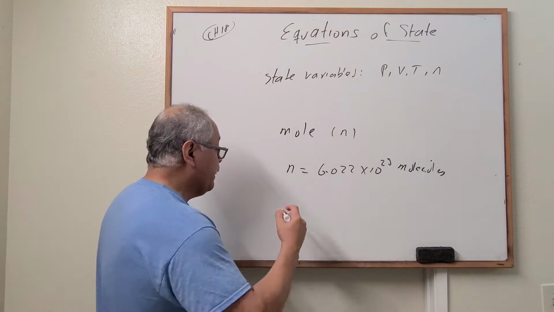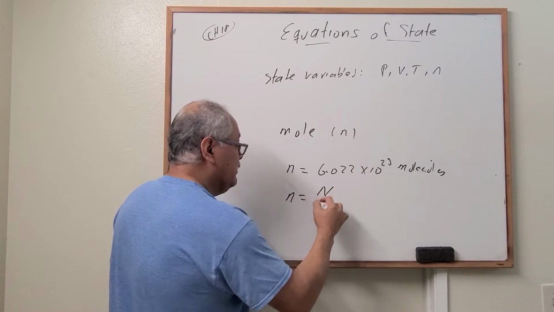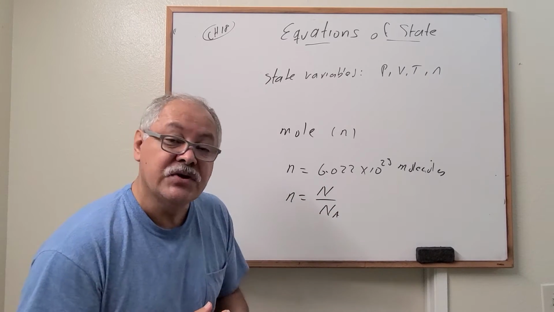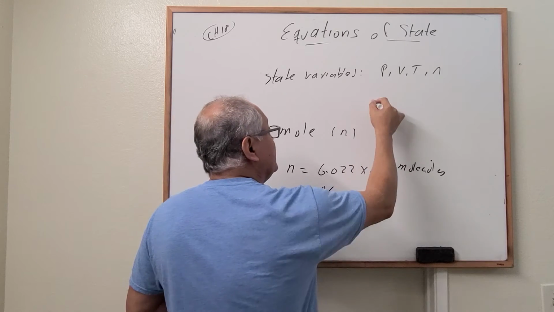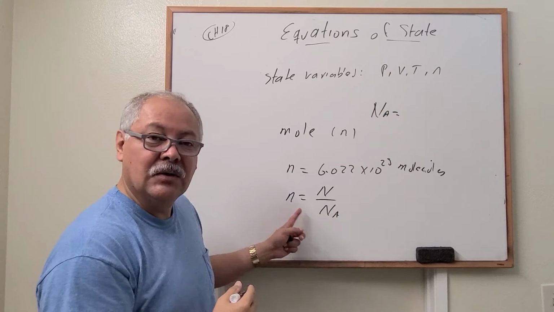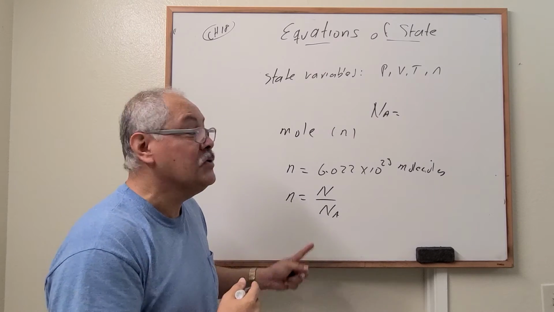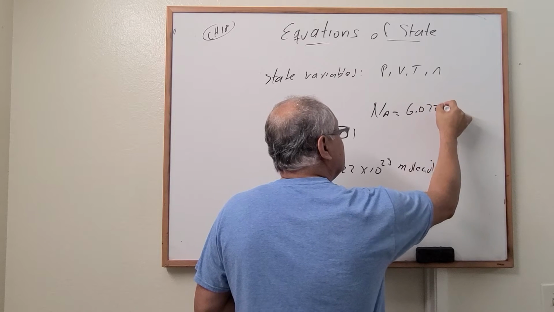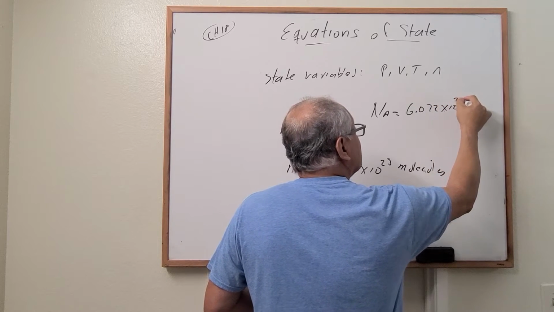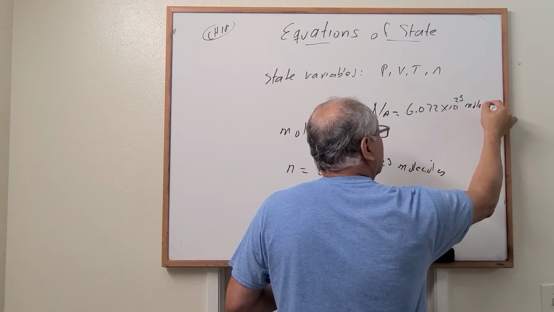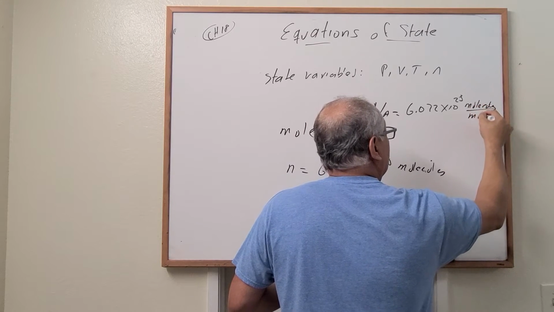Also, the number of moles is equal to the number of particles divided by the Avogadro number. Avogadro's number is 6.022 times 10 to the 23 molecules per mole.